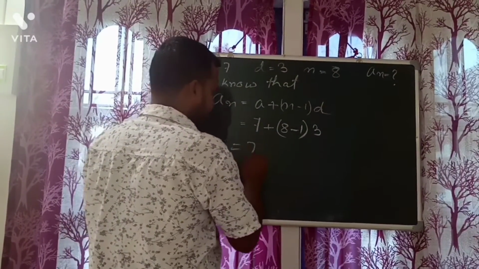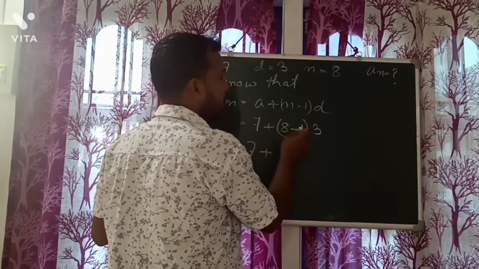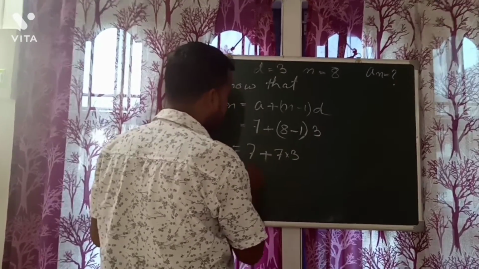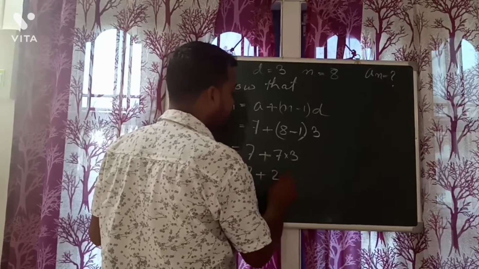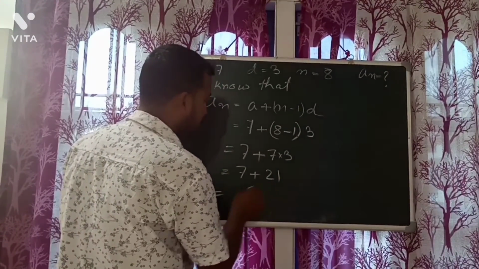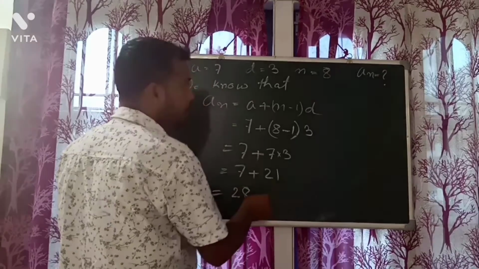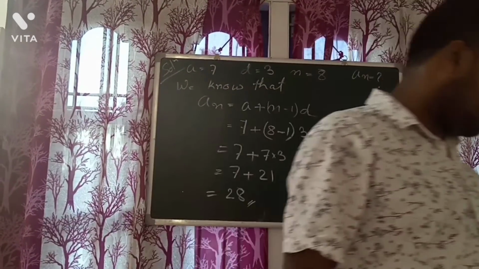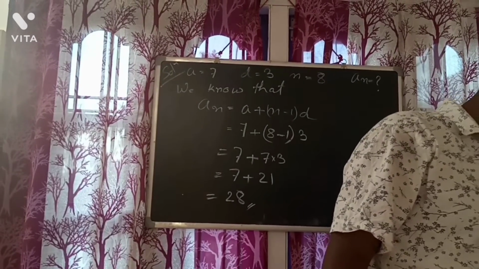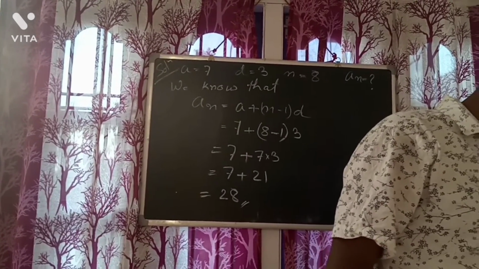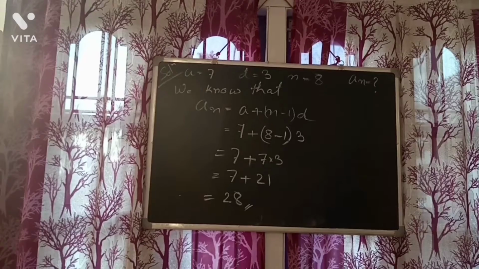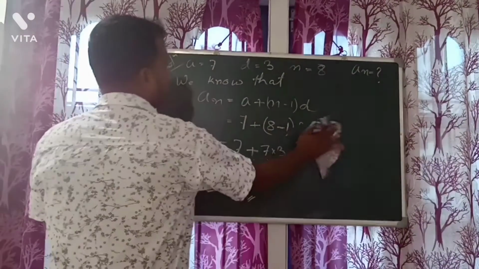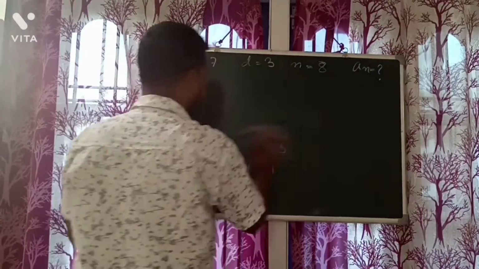That is 7 plus 8 minus 1 into 3, which is 7 plus 7 times 3, which is 21, equals 28. Our An is equal to 28. Okay, then see one more. I think you can understand this thing.